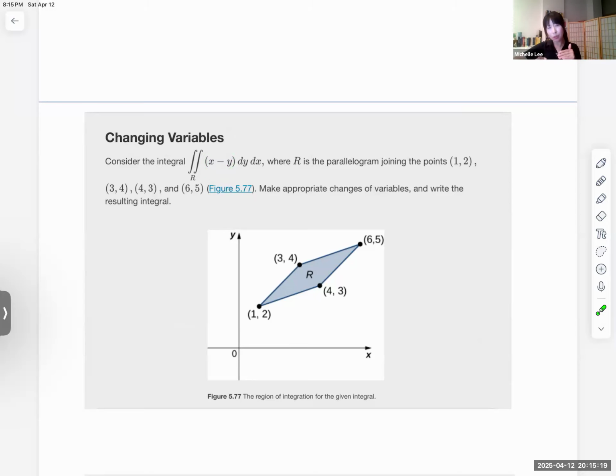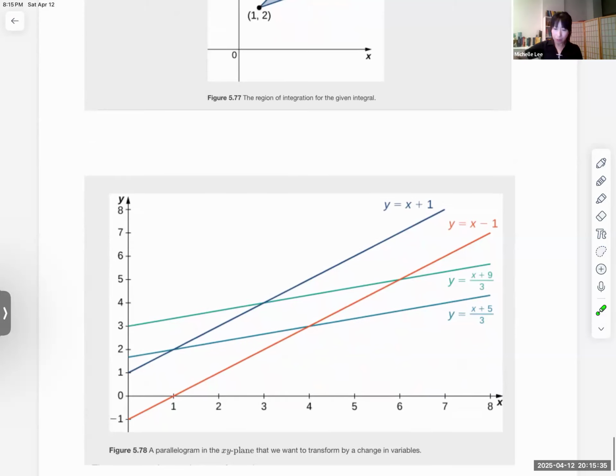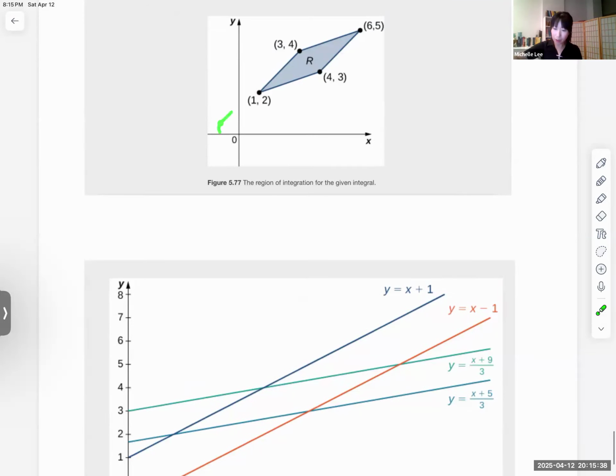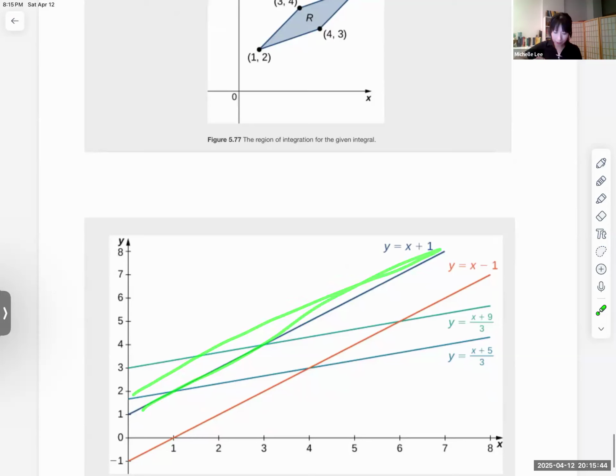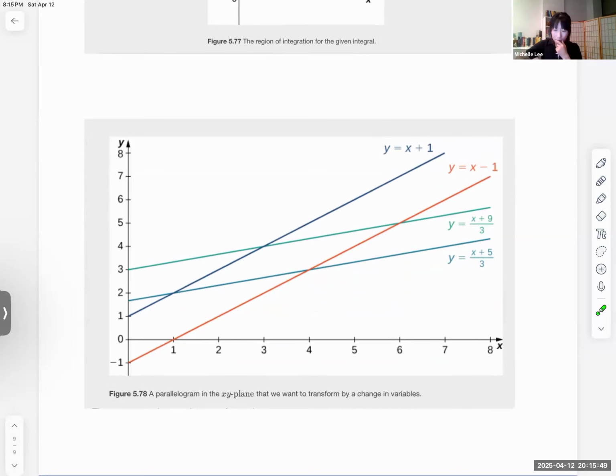All right, we want to change it to uv, and this is a parallelogram, and there are vertices there, right? Okay, I brought up one more picture so that we can see that equation easily, right? So basically we connect this line, that is y equal to x plus 1, because we can see that there is a scale, so this will look better. This is a parallelogram, right?